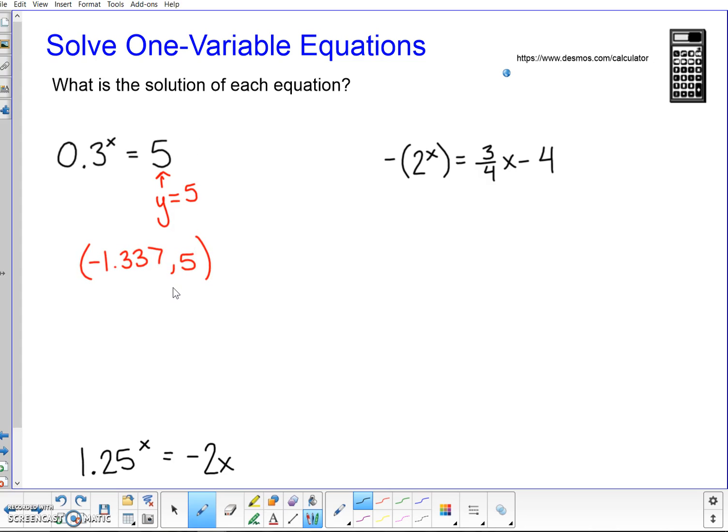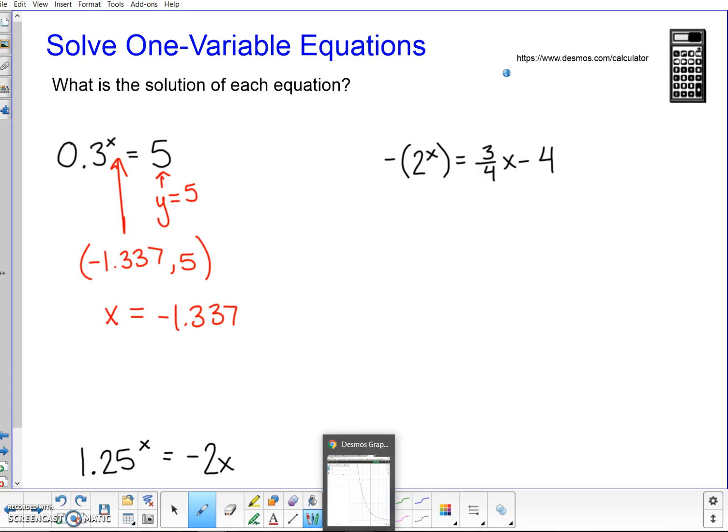Okay, they cross at that ordered pair. Okay, and what we're going to really look for is the x value, because we only have x in our equation. So the solution is x is -1.337.